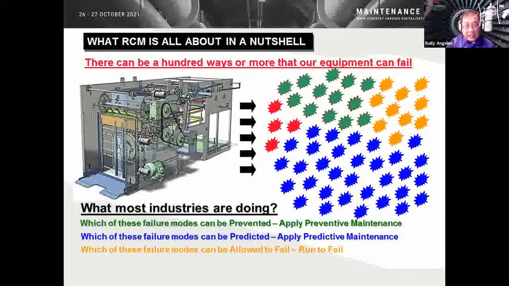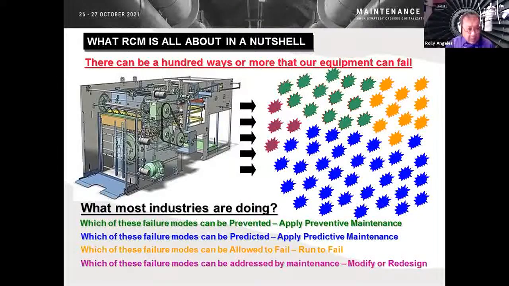And lastly, there will be failures that cannot be prevented, cannot be predicted, and also cannot be allowed to fail. So what we can do in maintenance is to identify them, study their weaknesses, and try to modify them. So perhaps this failure will be under the default of modification or redesign.